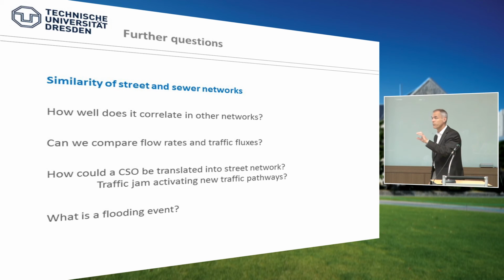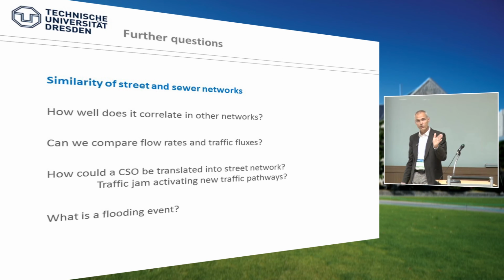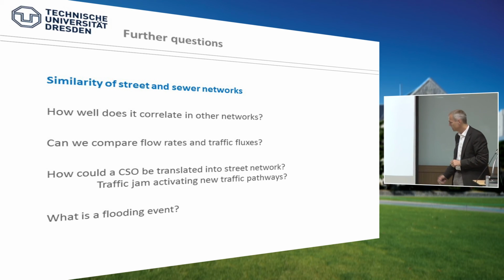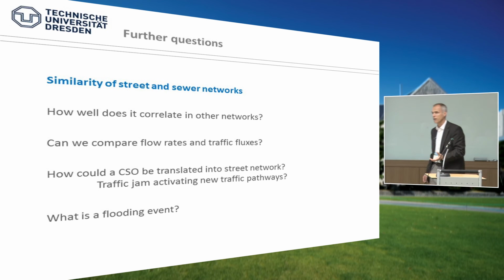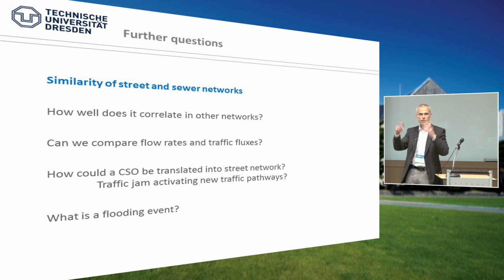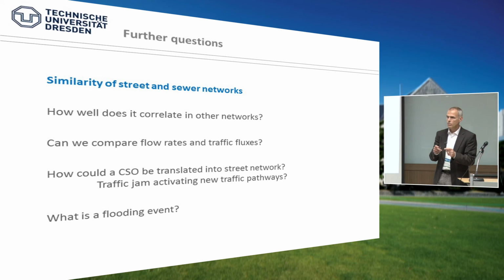Then can we compare the flow rates with traffic fluxes in order to look at when we have a traffic jam, and how do the peaks develop, how do the backwater effects develop in the pipe system on the one hand, in the traffic jam on the other hand, and what is a flooding event, that total traffic jam when nothing moves anymore and you cause some overflows, or is it an accident or whatever? I think we can also, rather than just looking at the infrastructure and at the hardware, look at the software and at the things that are moving.